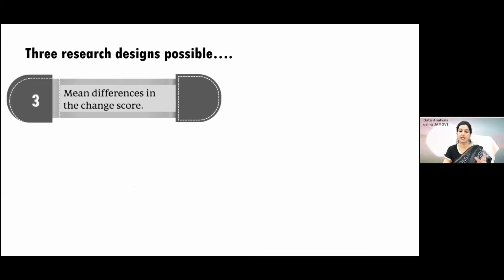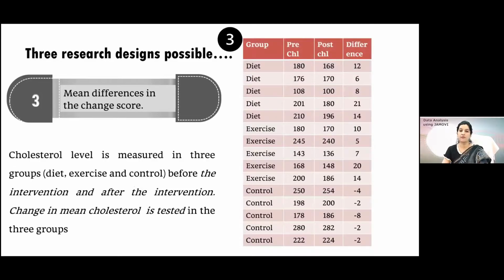The third type of research design could be, if you want to see the change in the mean score, or the mean difference in the change score, like we have seen in the independent sample t-test. Here there is an intervention which is diet, like the previous one, exercise and control, and you have 2 measurements, paired values, before and after intervention. This is the before intervention cholesterol level, this is the after intervention cholesterol level, and this is the difference.